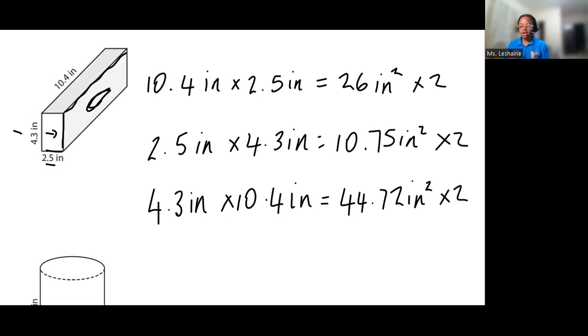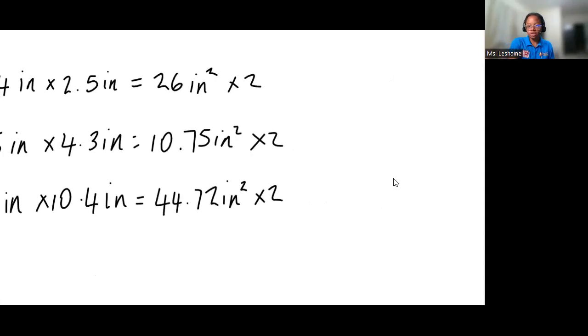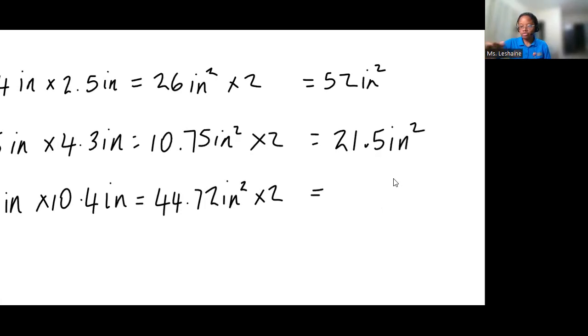So I'm just going to go ahead, grab my calculator and punch all of this in and then add them together and we'll have our answer. So 26 inches squared multiplied by 2, that is going to give me 52 inches squared. 10.75 multiplied by 2 is going to go ahead and give me 21.5 inches squared. 44.72 multiplied by 2 is 89.74 inches squared.